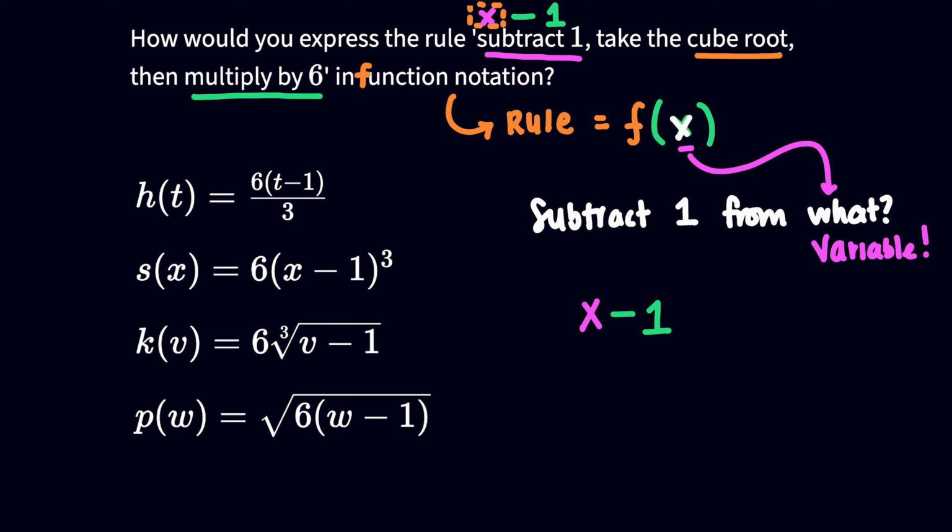Now after we subtract by 1, we're going to take the cube root. So it's like an additional property. Whatever you just did, now we're going to take the cube root to the whole entire thing. Right? I don't want to just take the cube root of just the x value, and I don't want to take the cube root of just a 1. I want to take the cube root of the whole entire thing.